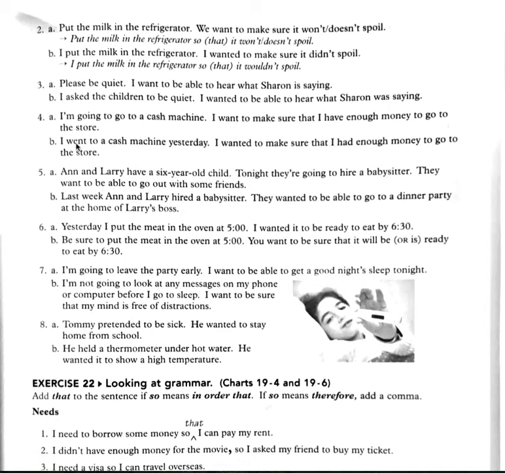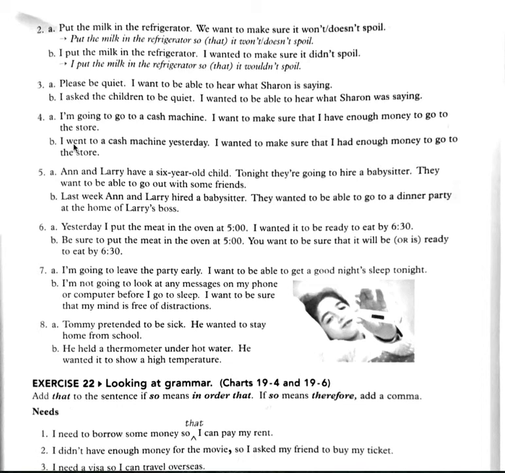And B. I went to a cash machine yesterday. I wanted to be sure, or I wanted to make sure that I had enough money to go to the store. So you say, this is yesterday. This is going to be past tense.